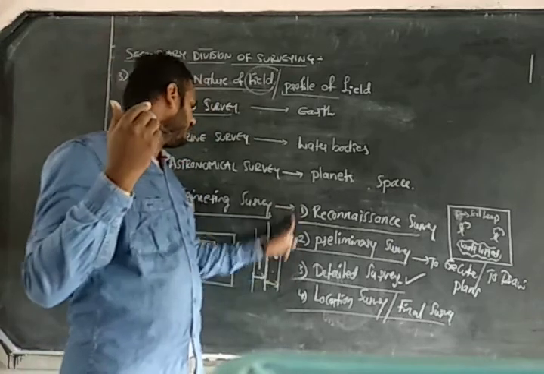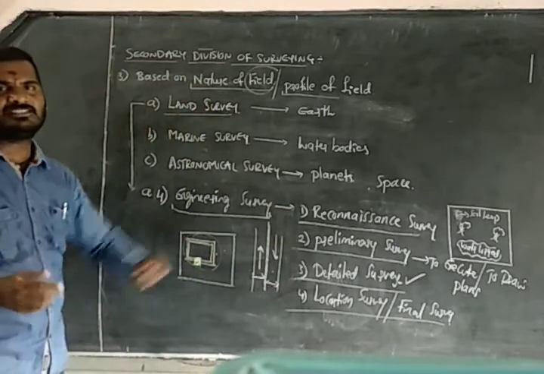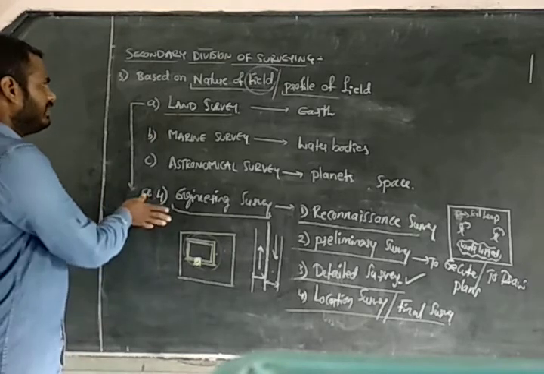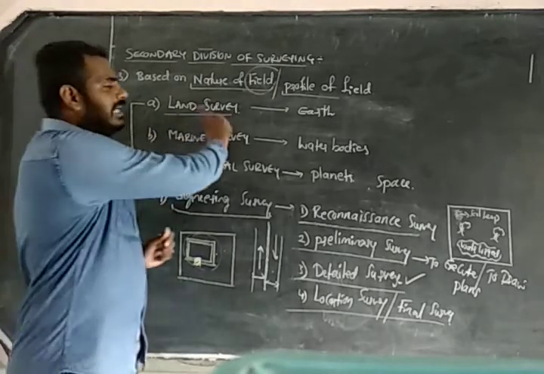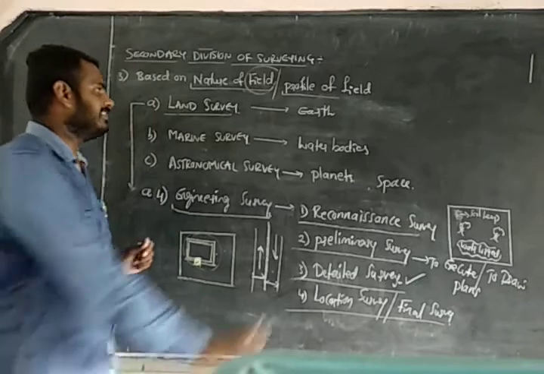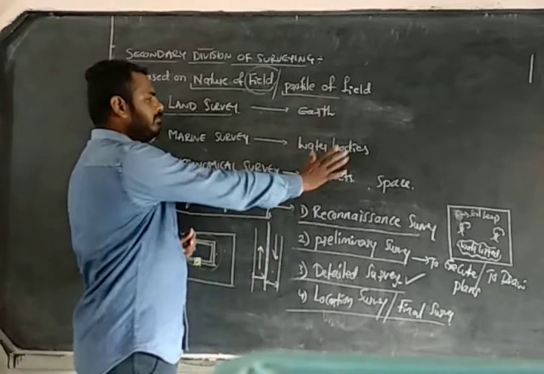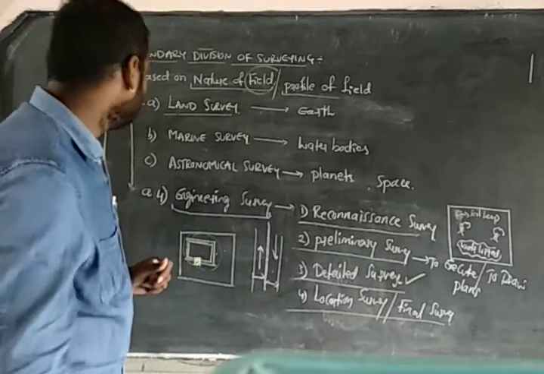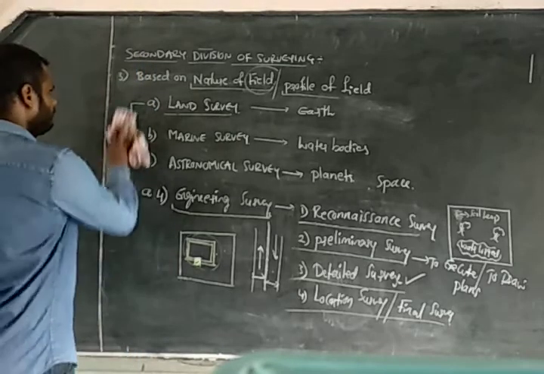So these four fall under engineering survey. These are the sub-classifications involved in land surveying, which deals with all the features except water bodies. Next we will discuss marine surveys.